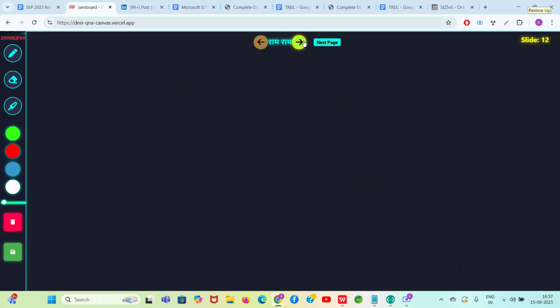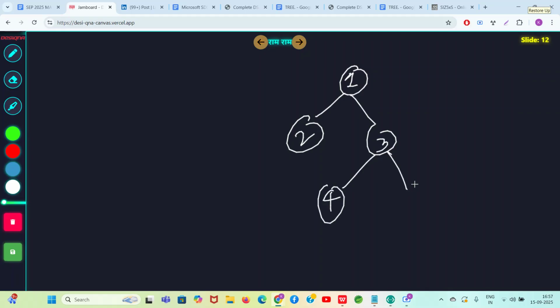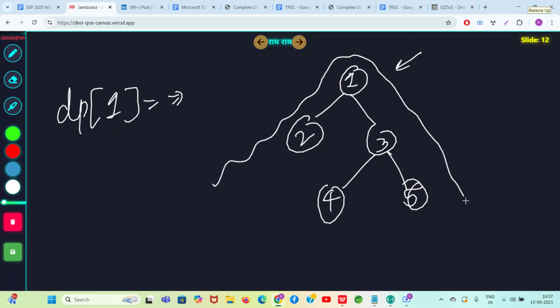Okay. So this is node 1, this is node 2, this is node 3, this is node 4, this is node 5. So what is dp of 1? dp of 1 means how many nodes are there below node 1. So 1, 2, 3, 4, 5. So dp of 1 is 5. What is dp of 2? dp of 2 means how many nodes are there below node 2.